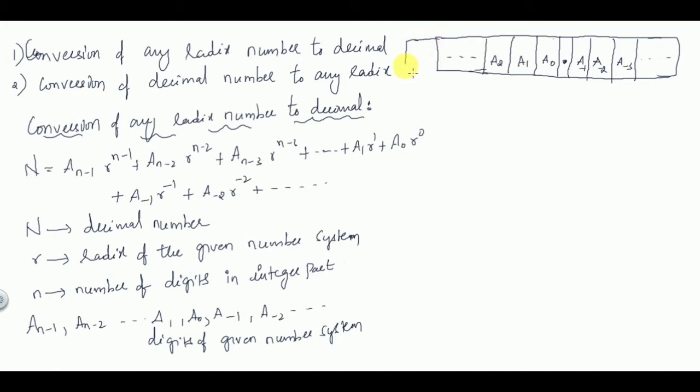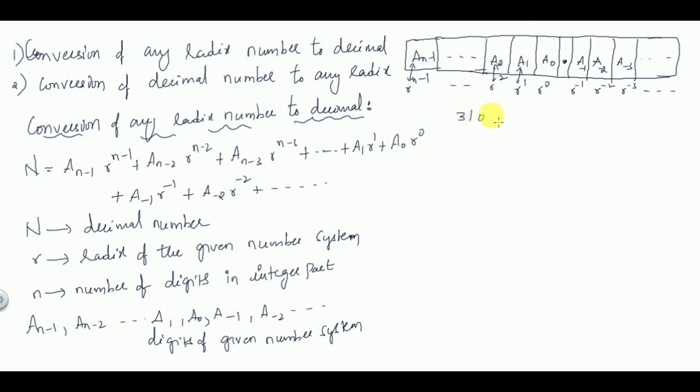We can have the last digit as a(n-1), and it is multiplied by r^(n-1). From the decimal point we start with r^0, r^1, r^2, so on up to r^(n-1). Similarly here also r^(-1), r^(-2), r^(-3), and so on. So we just have to multiply these two and add with the other values. Okay, so let us take an example, then you will understand very clearly.